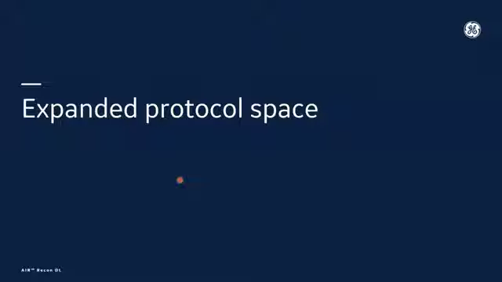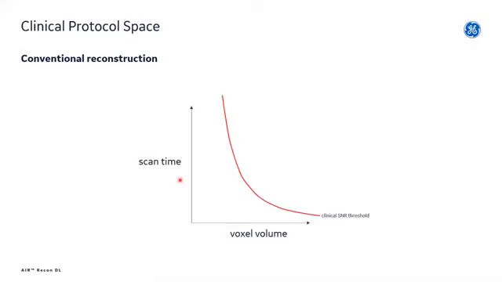Okay, so with that said, I'll quickly go through this concept of protocol space. We talked about SNR, how it compares with scan time and with voxel volume independently. Well, now we're going to put them both together in one chart.